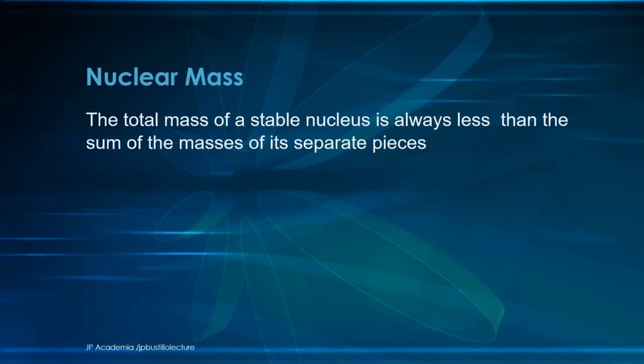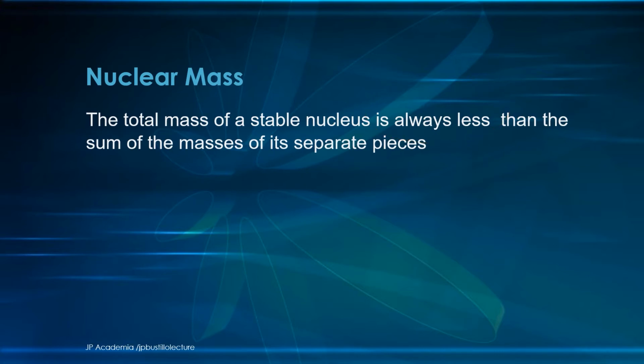You may think that the mass of a nucleus is simply the sum of its nucleon components, but in reality that's not the case. The total mass of a stable nucleus is always less than the sum of the masses of its separate pieces, the protons and neutrons. So, where has the mass gone?